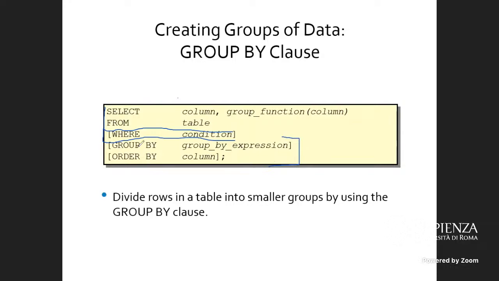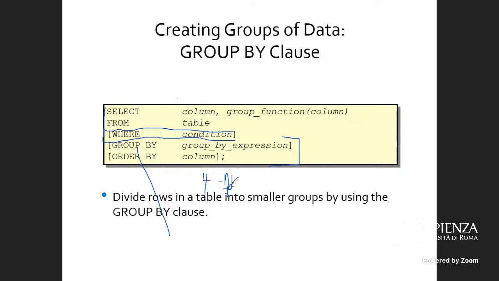So what the group by column does is this. Let me do a little bit of explanation. Let's say for the employee table we have four departments. Each of these departments would most likely have a name.